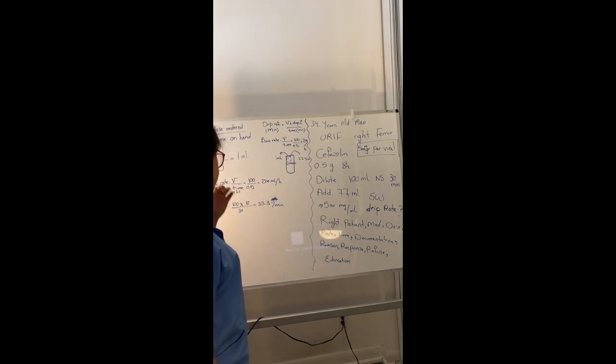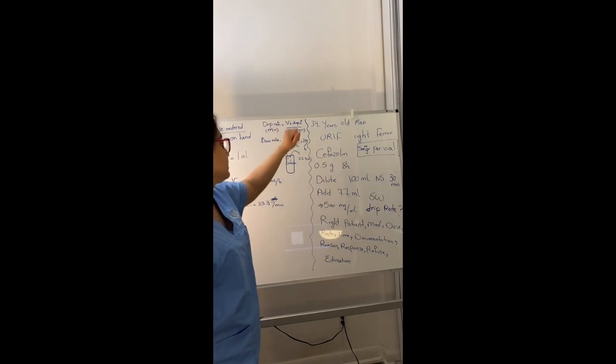First of all, I'm gonna tell you how to calculate drip rate, because at first the nurse doesn't have any pump and has to calculate it manually. The formula for drip rate is the volume multiplied by drop factor divided by time in minutes.